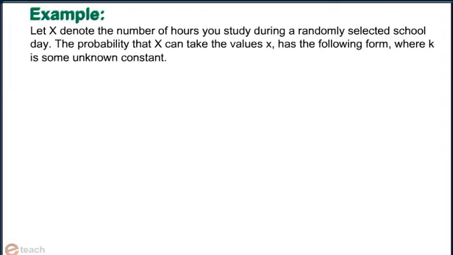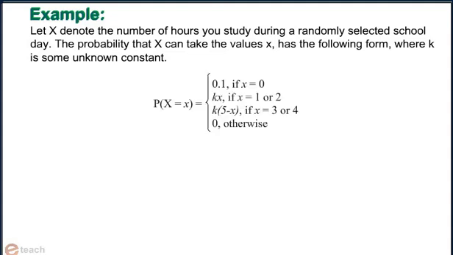Example: let X denote the number of hours you study during a randomly selected school day. The probability that X can take the values has the following form, where k is some unknown constant. Then the probability of capital X equals small x is equal to 0.1 if x equals 0, k times x if x equals 1 or 2, k times 5 minus x if x equals 3 or 4, and 0 otherwise.